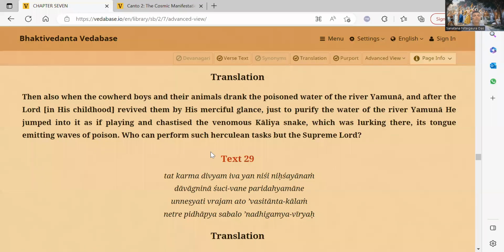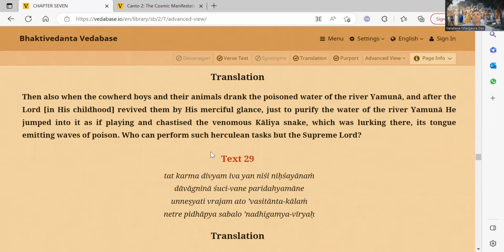Please read the purports. Then also, when the cowherd boys and their animals drank the poisoned water of the river Yamuna, and after the Lord in his childhood revived them by his merciful glance, just to purify the water of the river Yamuna, he jumped into it as if playing and chastised the venomous Kalia snake, which was lurking there, its tongue emanating waves of poison.